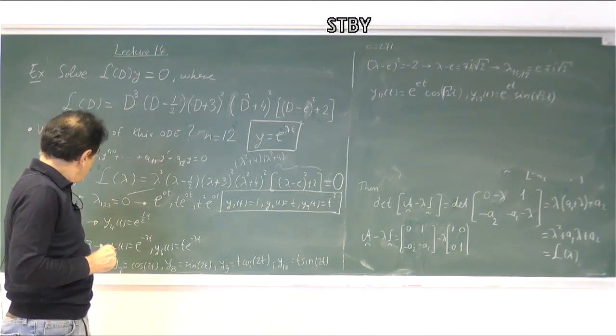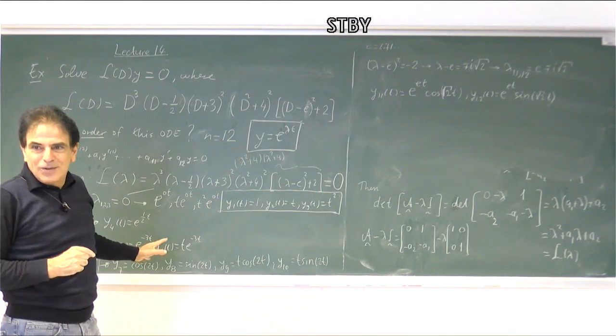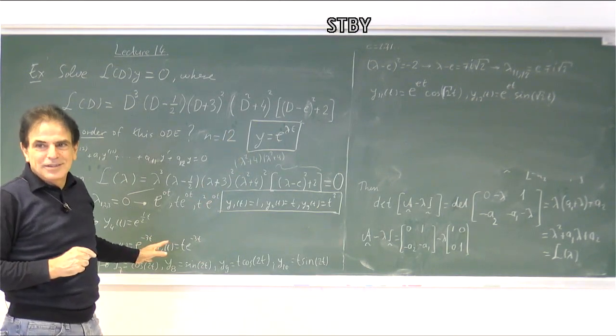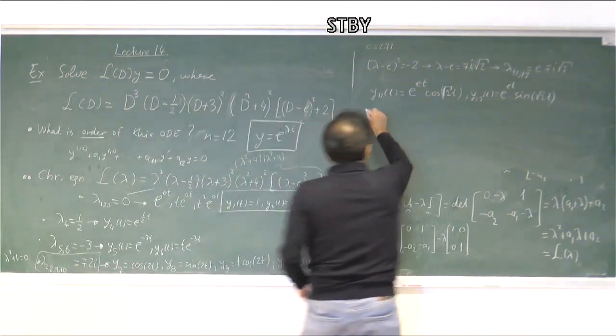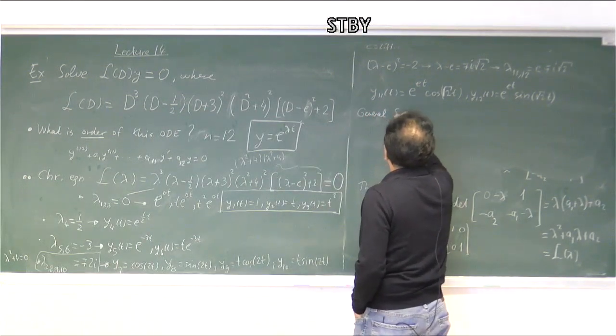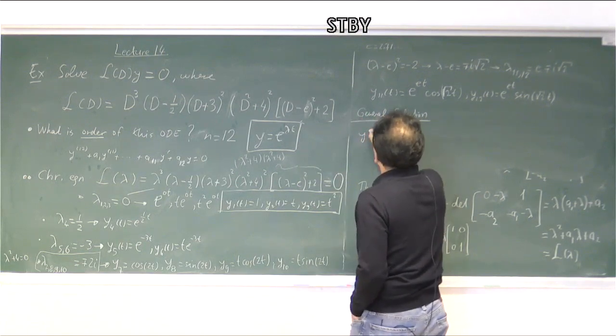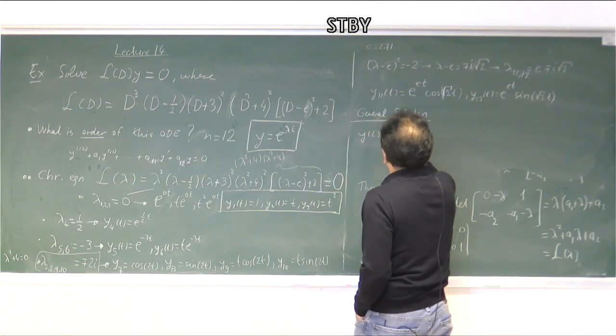And of course, taking the combination of these 12 solutions, we get the general solution. Okay? So the general solution is something like that. I'm not going to write it in full form. The general solution is the combination like this.